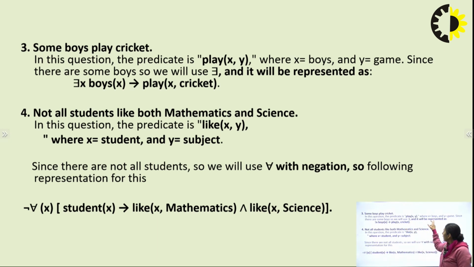Okay beta, so we can represent in terms of for some x, boys x implies plays x comma cricket.